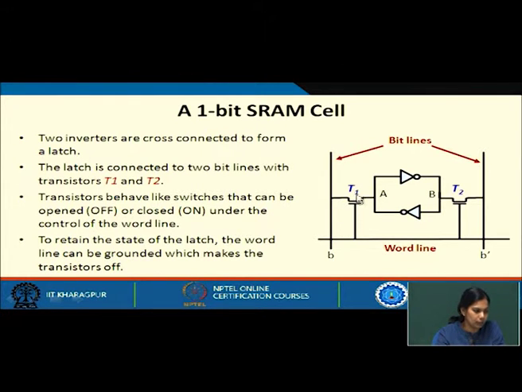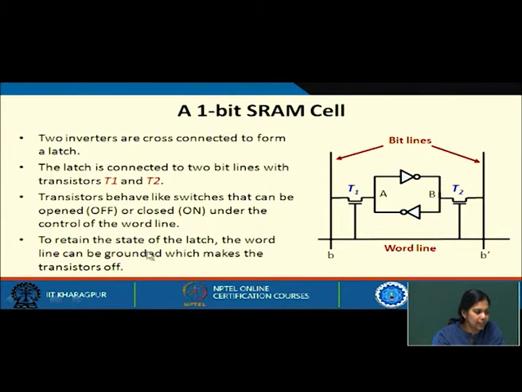A switch can be made on, a switch can be made off. If you want to make this switch T1 on, then you have to activate these lines. You have to give a 1 input here, then only this T1 transistor will be on, that is closed, and if you give a 0 input, it will be off, that is it will be opened.